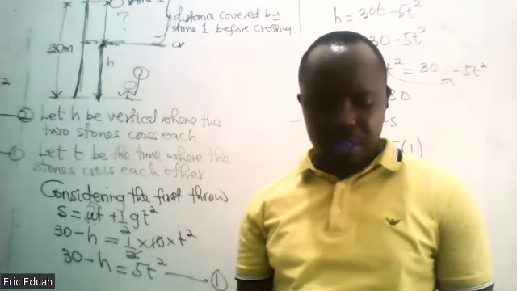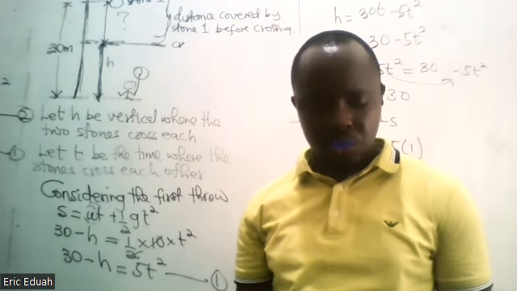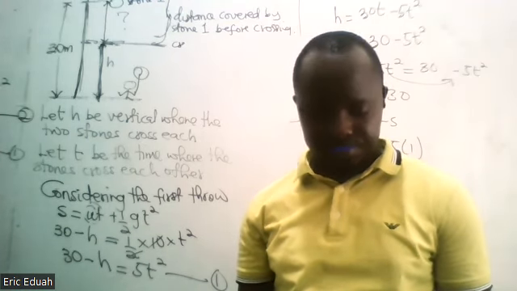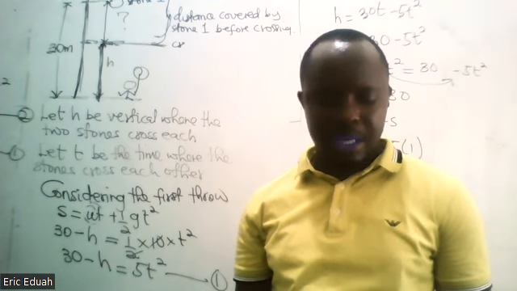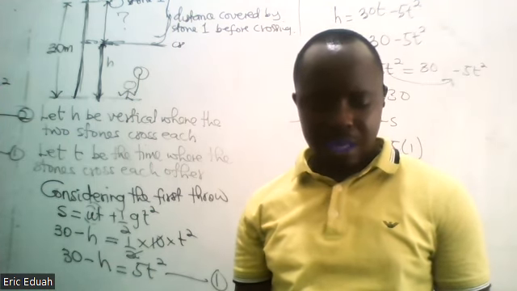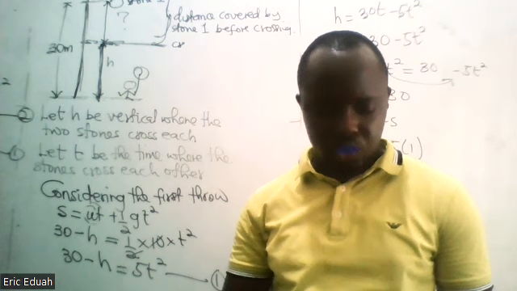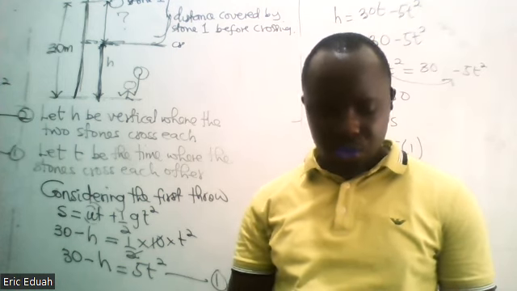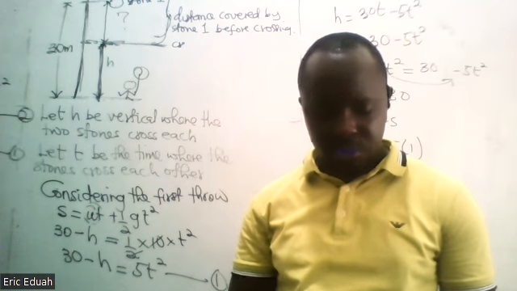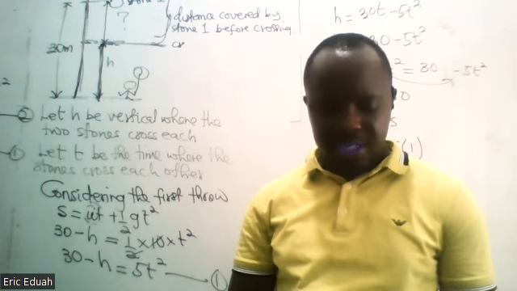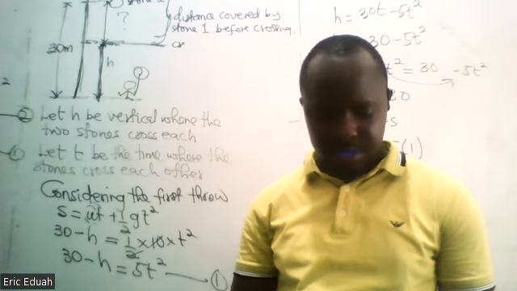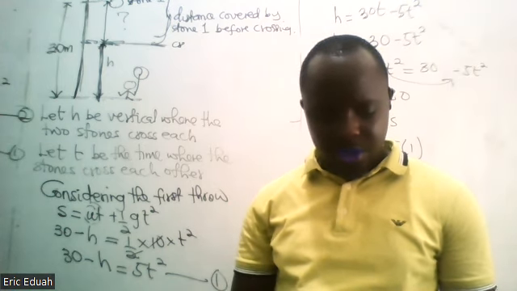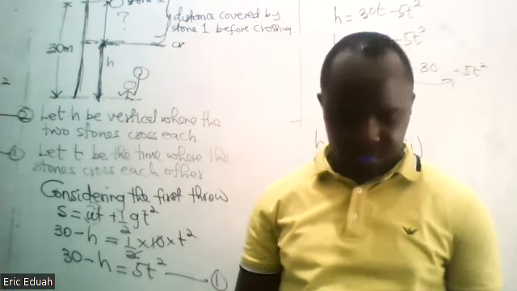A boy on a 20-meter high cliff drops a stone. 1 second later, he throws down another stone. Both stones hit the ground simultaneously. Find the initial velocity of the second stone.